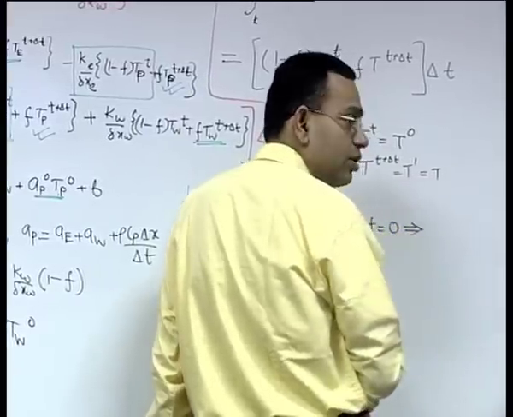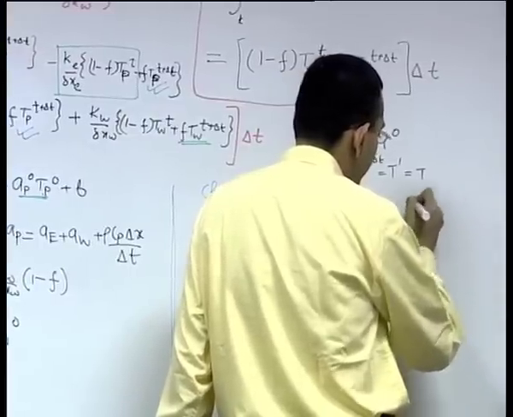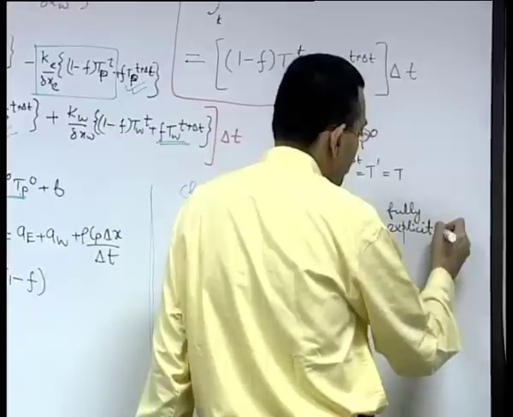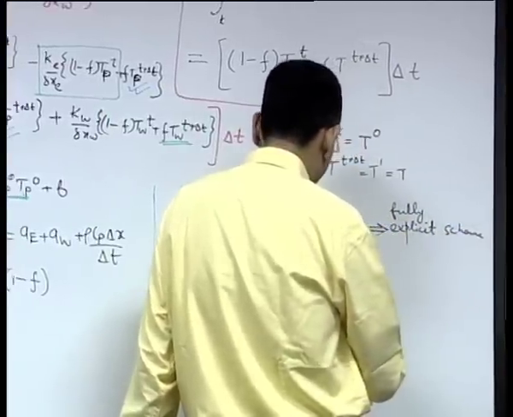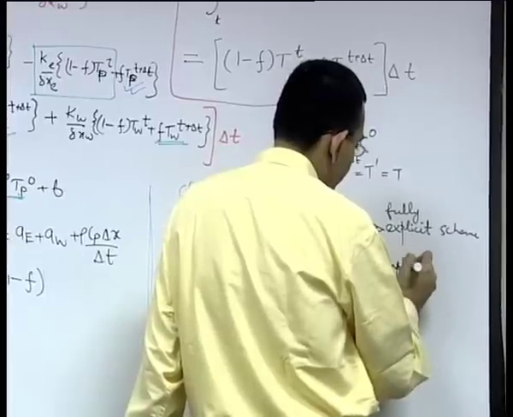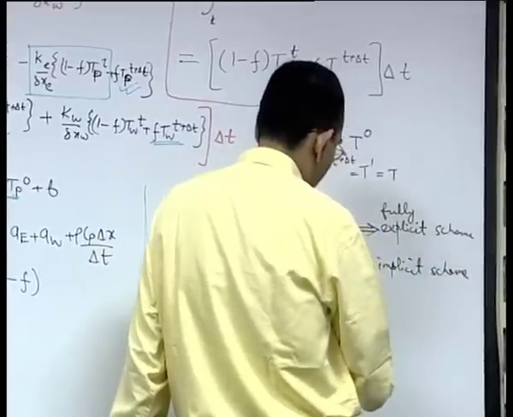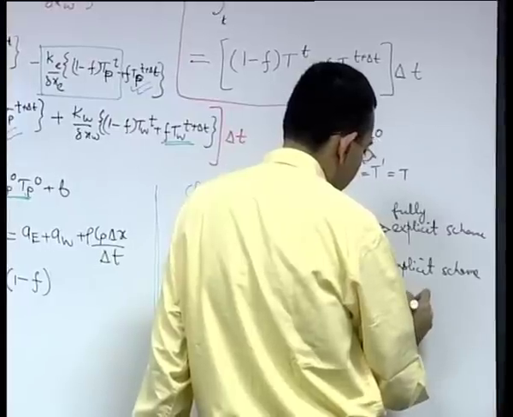If f equal to 0, this time discretization scheme is known as fully explicit scheme, or in simple words just explicit scheme. If f equal to 1, it is called implicit scheme, and if f equal to half, it is known as Crank-Nicolson scheme.